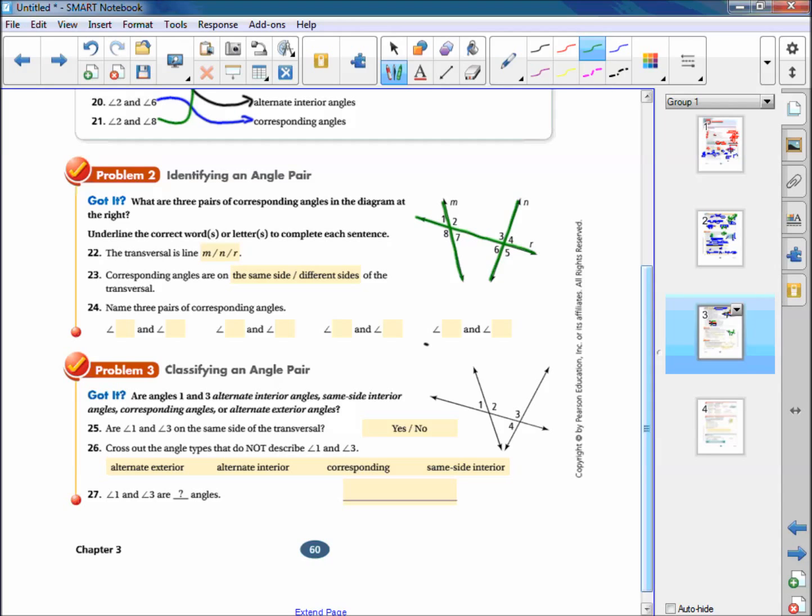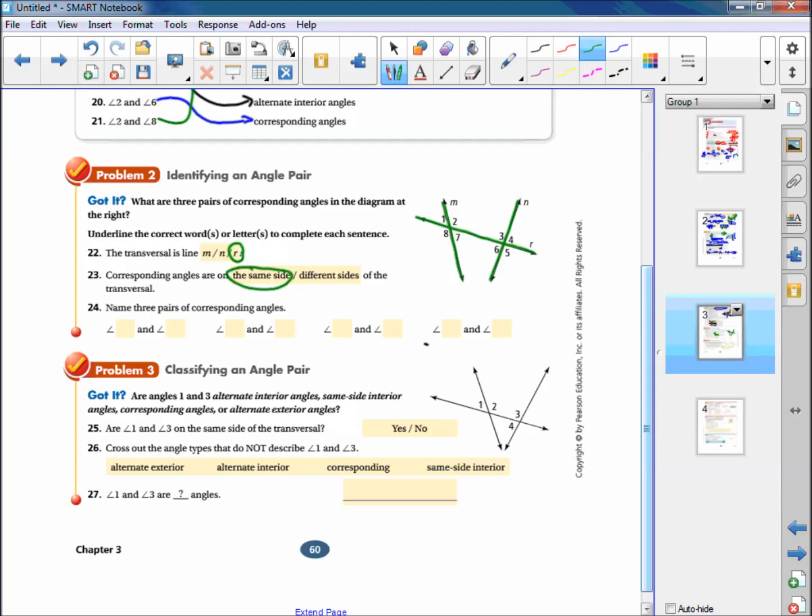So this time the transversal is line R. R goes across M and N. Okay, so corresponding angles are on the same side. Okay. All right, then we want the transversal. Okay, so 4 and 2 would be in this. So remember corresponding is like top right, top left, bottom right, bottom left.